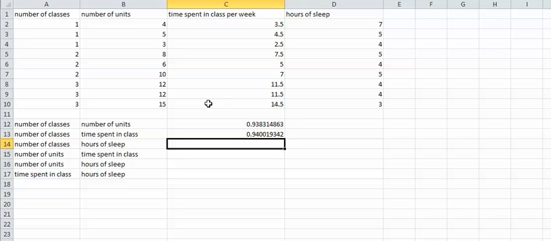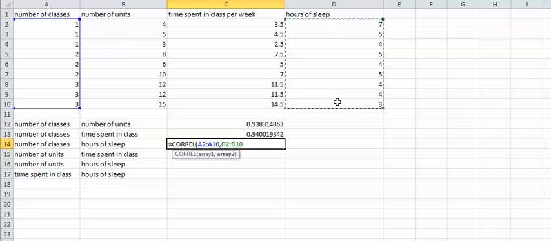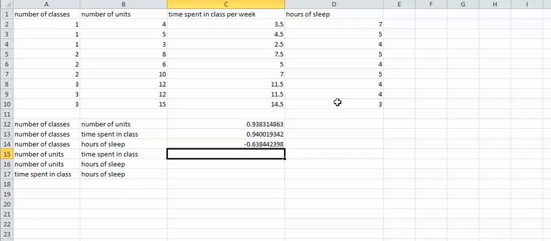Now, let's look at number of classes and hours of sleep. These two have a negative correlation in this data set, so it should come out to a negative number. So I highlighted my two columns. It's a negative 0.63. So it's a negative correlation in this data set, but it's also not as big of a number as these ones are.